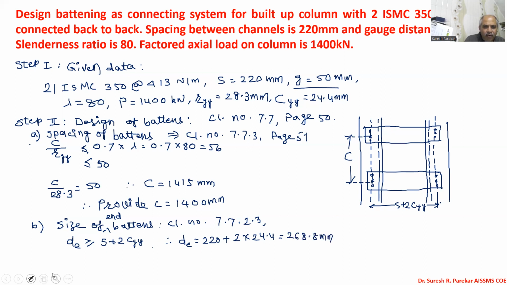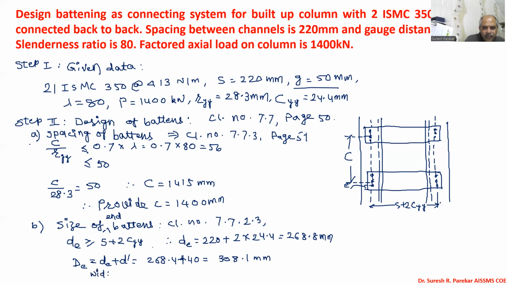Therefore, overall depth of end batten equals D plus D dash. D dash is the effective cover, let us consider it as 40, or we can say end distance. Generally we take 1.5 times the hole diameter, so for 20 millimeter diameter we take 40 millimeter, and it comes to 308.1 millimeters.